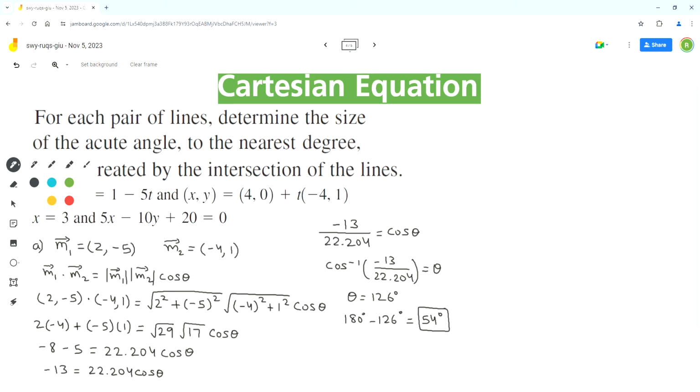Now we can analyze the second pair of lines. In the second pair, the first equation x equals 3 represents a vertical line because the equation is given in the form of x equals a number. For a vertical line, the slope is undefined.